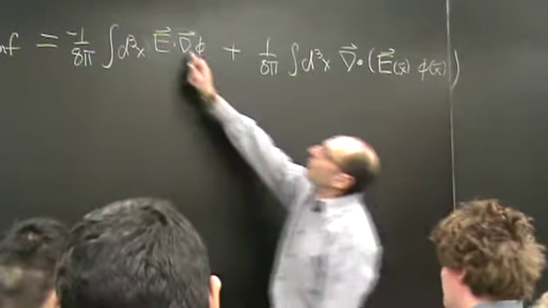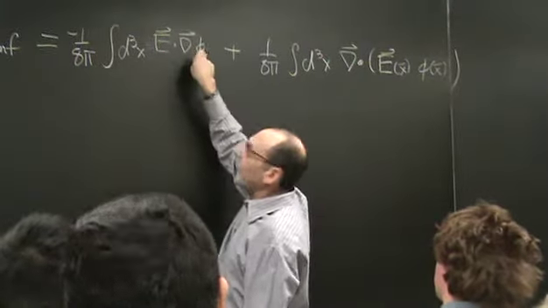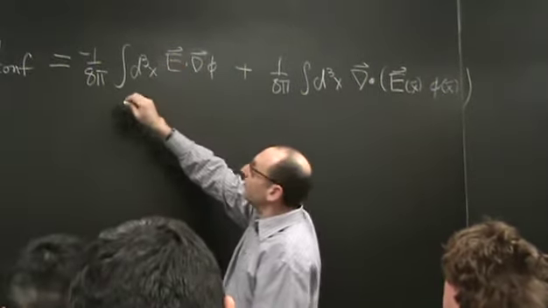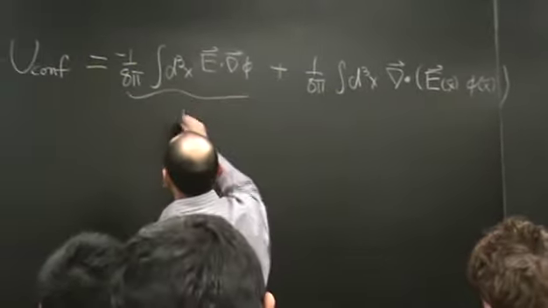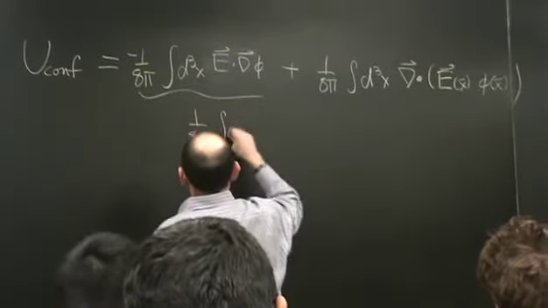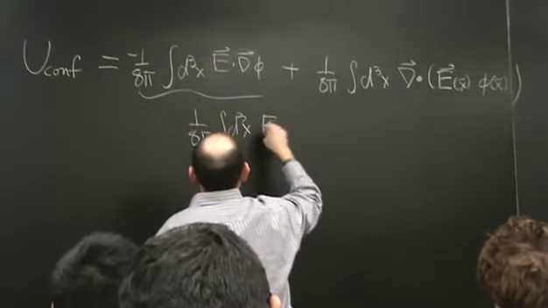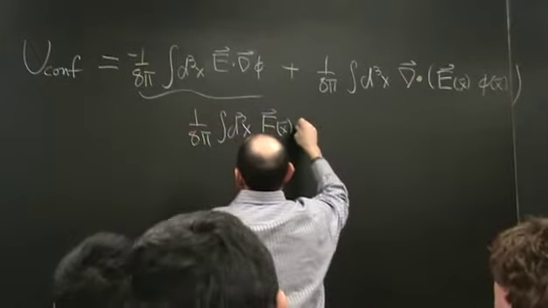Now, minus grad phi is the electric field. So this term is 1 over 8 pi, integral over all space, E dot E.